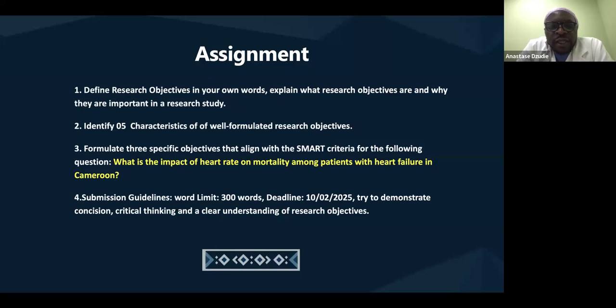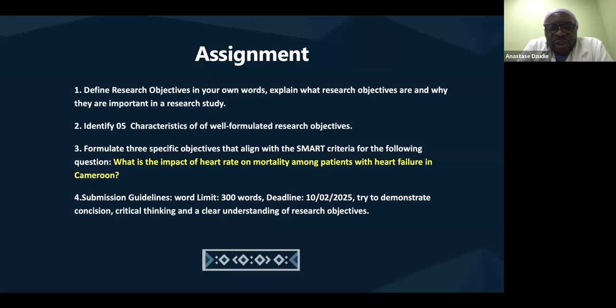So the question is, what is the impact of heart rate on mortality among patients with heart failure in Cameroon? And number 4 is about the guidelines.